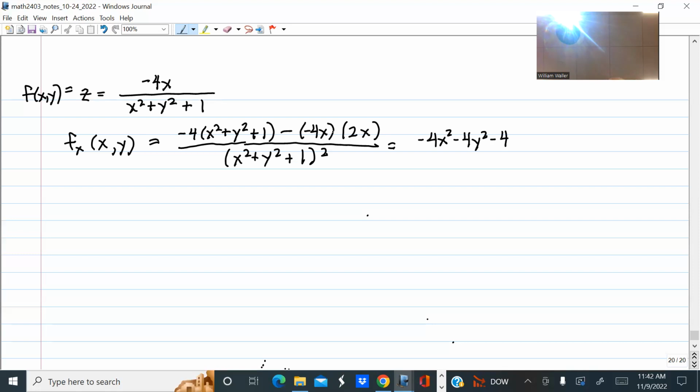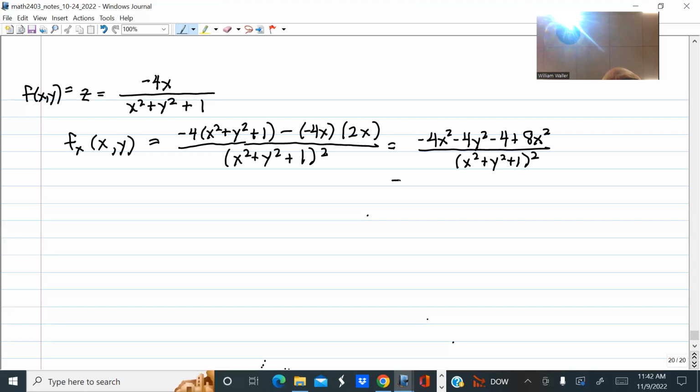And then all of this is going to be positive 8x squared? Is that right? And then again, all over this ugly denominator.